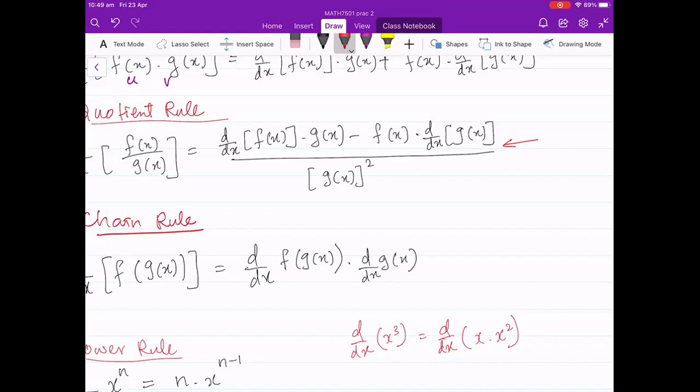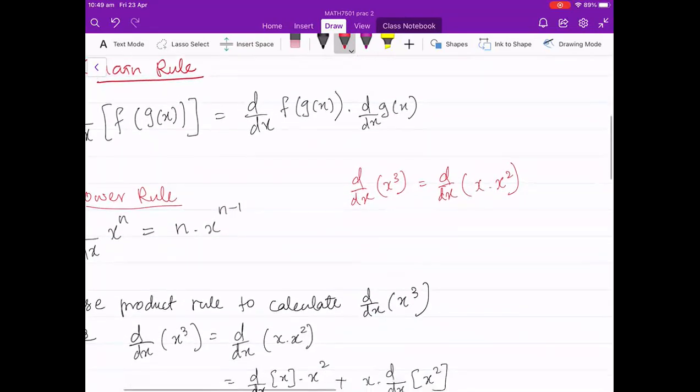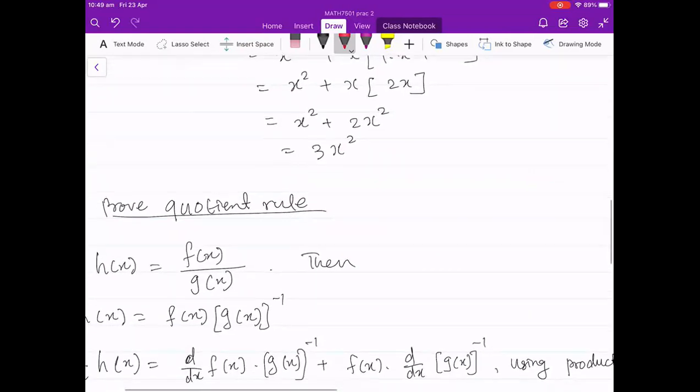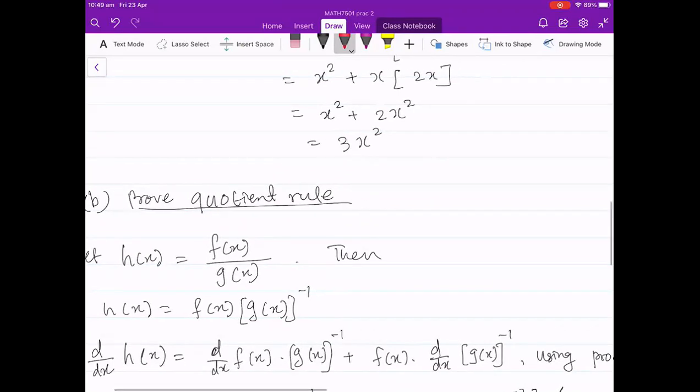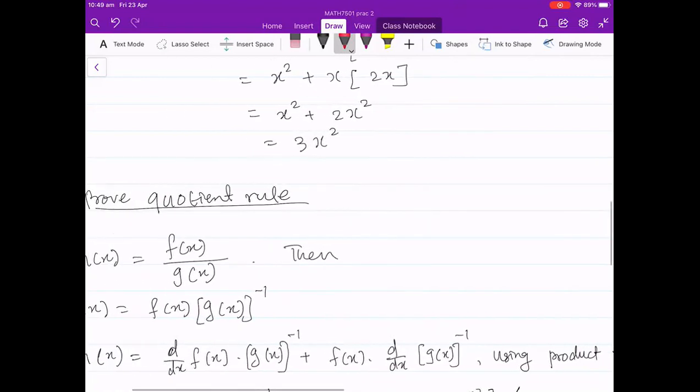Okay, good. This is how I started with that. Let me define h(x) as f(x) over g(x). Then I can write this as f(x) times g(x) to the power -1. Then use the product rule first. So the first step is using the product rule.